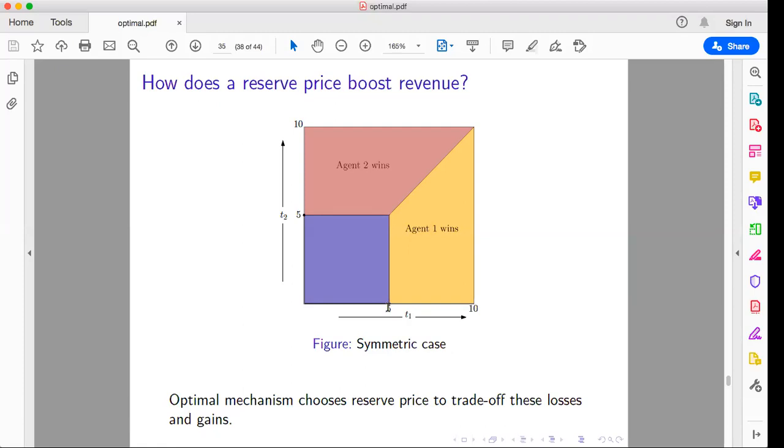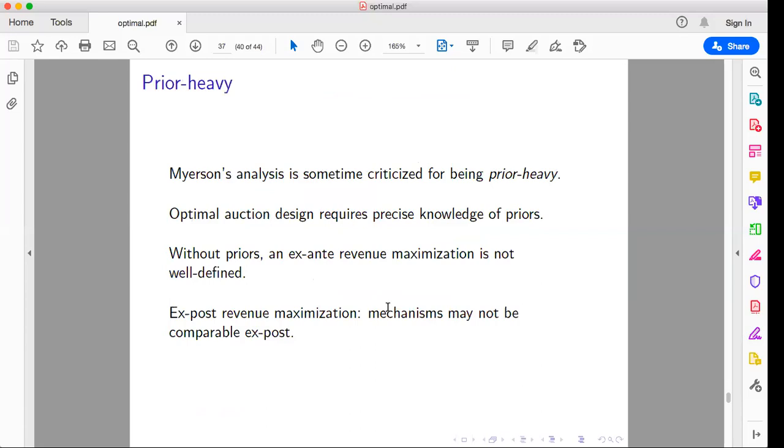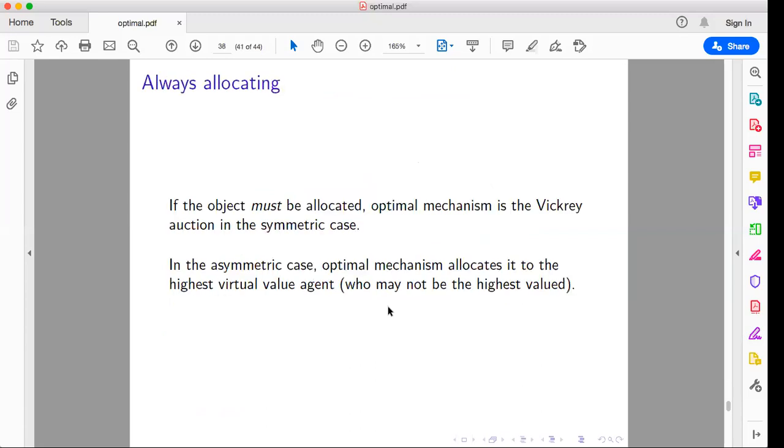So the probability of not selling the object will reduce. Yeah, it would reduce, exactly. The probability of not selling the object vis-a-vis the whole type space would reduce. But there would always be a positive measure of types where the object would not be sold, at every n.